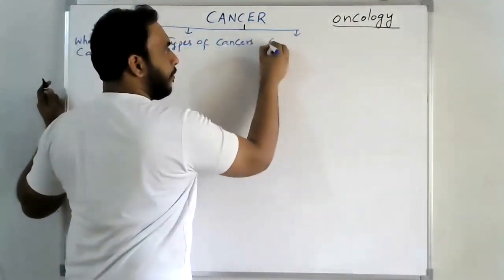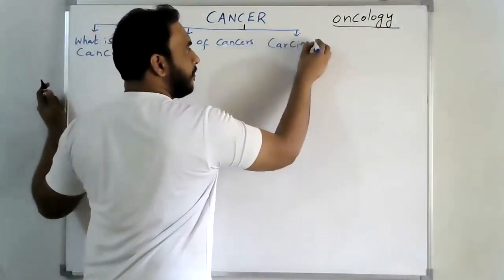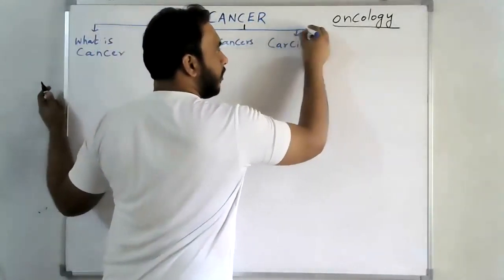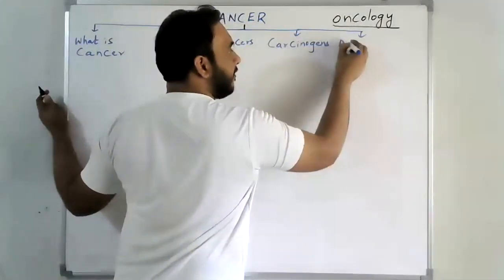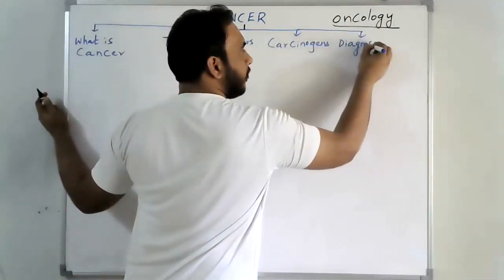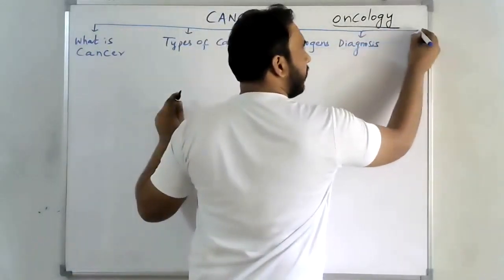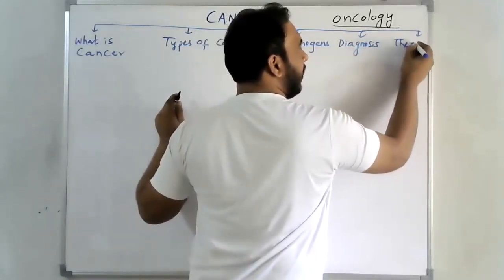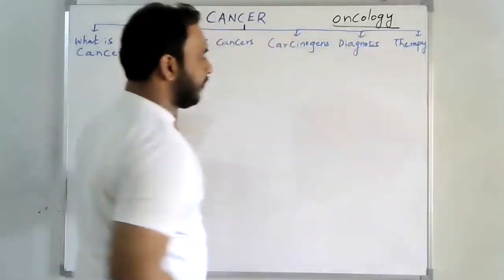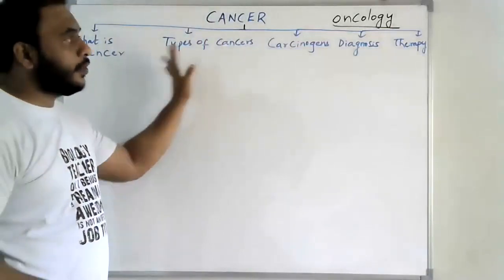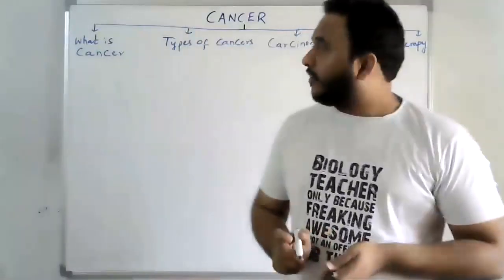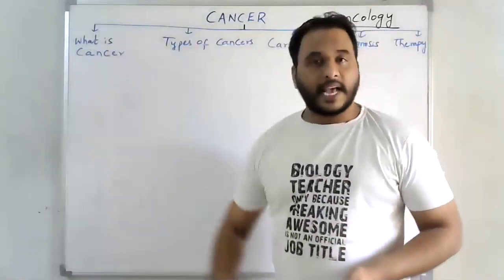Next, third, what are carcinogens and their types? And the next topic, diagnosis. And then therapy, treatment. Therapy means treatment. So in this video, we are going to learn these topics. First, we'll start with what is cancer.